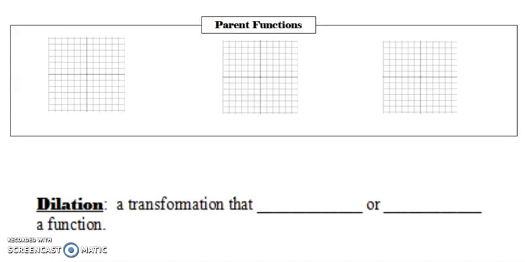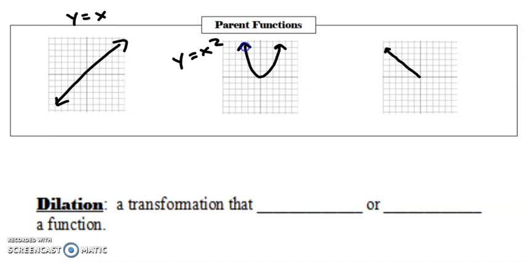So, parent functions, well, you've got a few different ones. If we're talking about just a straight line, our parent function is just y equals x. If we're talking about a parabola, we've got y equals x squared, and absolute value of x, that's our V shape.